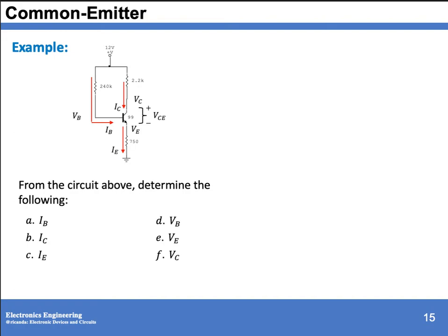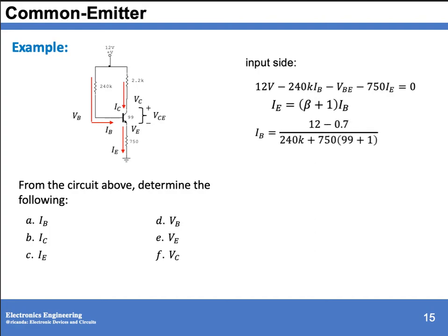So at the input side analysis, we have 12 minus 240K IB minus voltage base-emitter minus 750 IE. Then we have to express IE in terms of IB, which is beta plus 1 IB. And solving for your IB, so IB is equal to 12 minus 0.7 over 240K plus 750 times your beta plus 1.